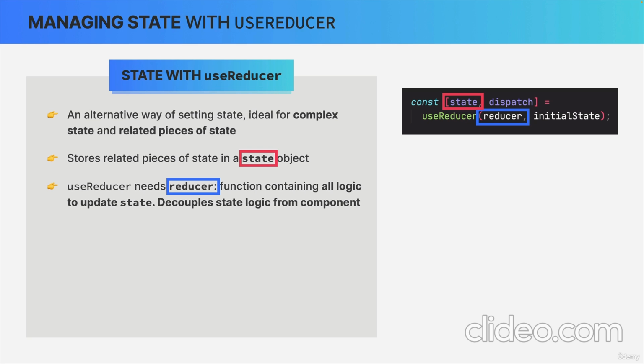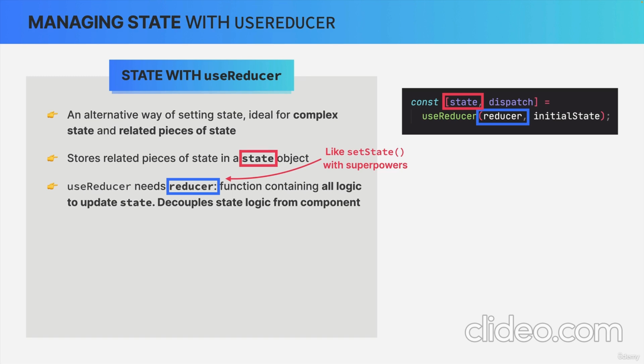So when we manage state with useReducer, it's ultimately this reducer function that will be updating the state object. So in a way, it's a bit like the setState function in useState, but with superpowers.